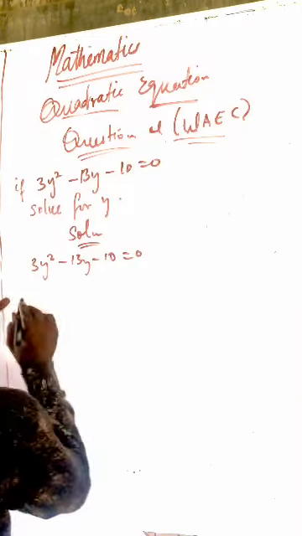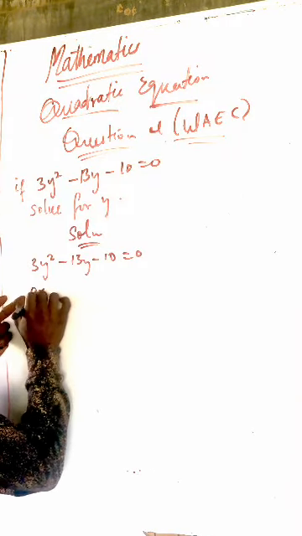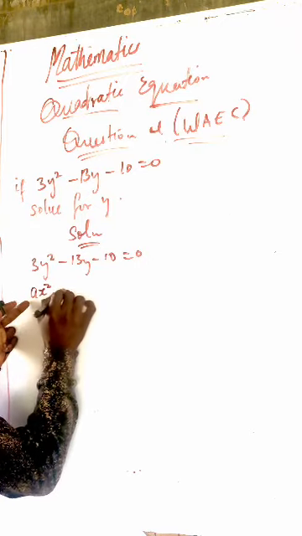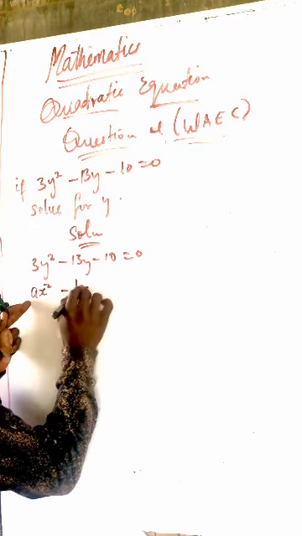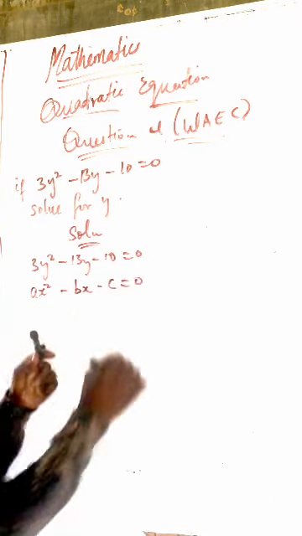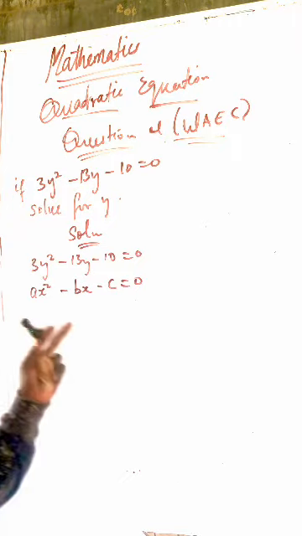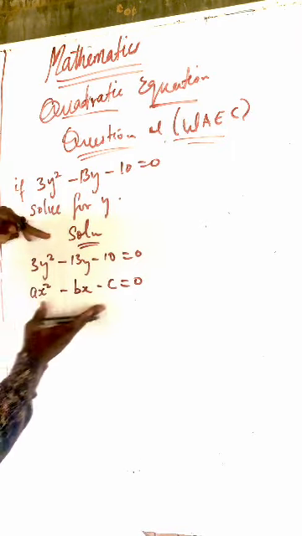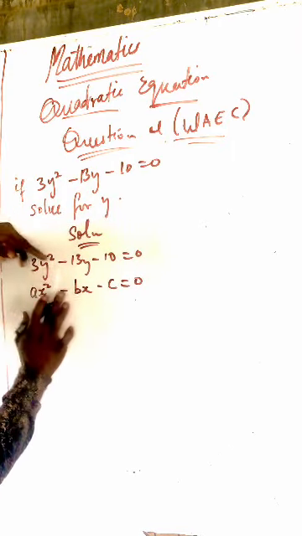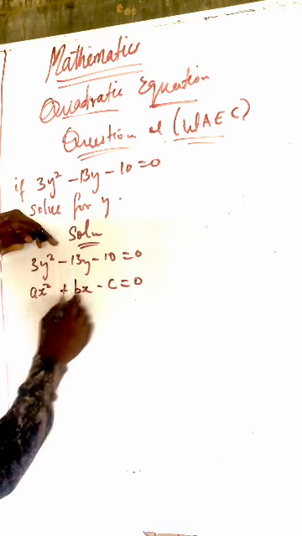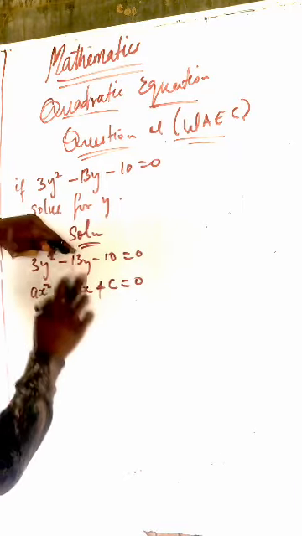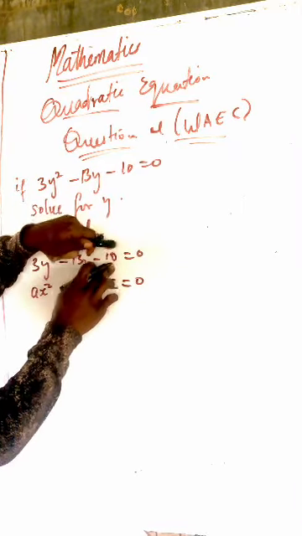So now bring down our expression ax raised to the power 2 plus bx plus c is equal to 0. That means a is 3, b is minus 13, and c is minus 10.